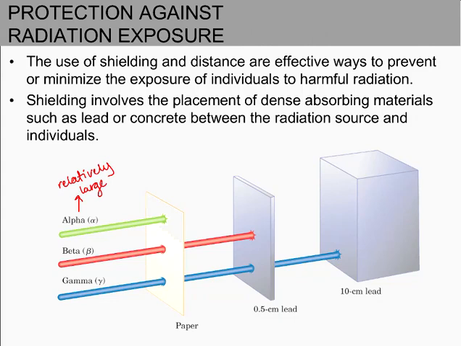They go through a process where they ionize, and that can be very, very harmful. Beta particles are much smaller than alpha particles, so they can penetrate through paper, but they can be stopped by something like lead, which is a really dense material.